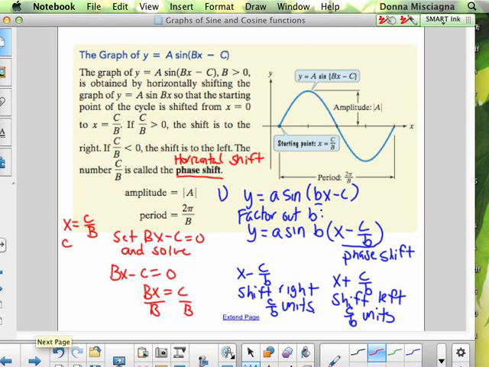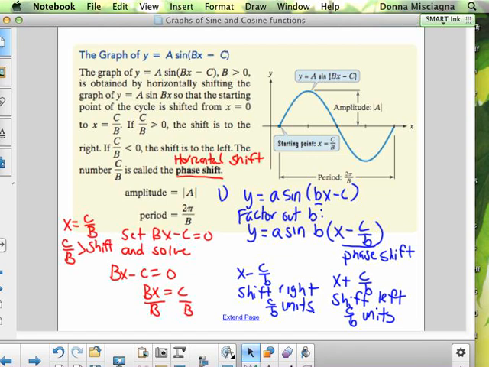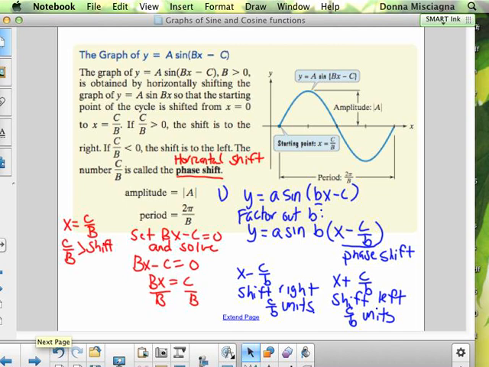If c over b is a positive number, it's shifting to the right. Because if we wanted to move it back to the other side, so it was with the x, we would have to subtract. So it would be x minus c over b, the same thing as we have on the right-hand side of the board.